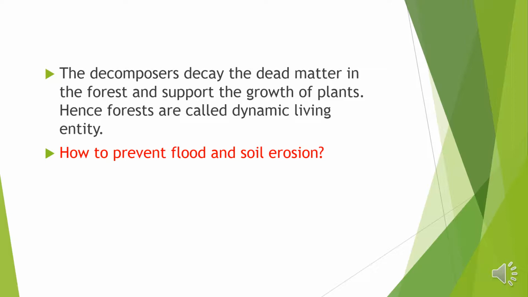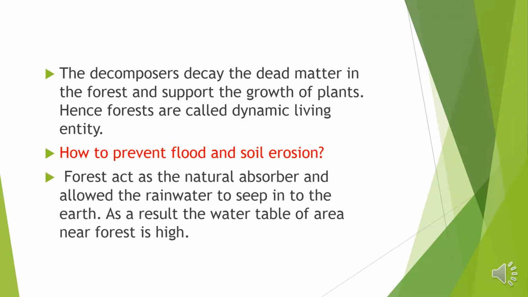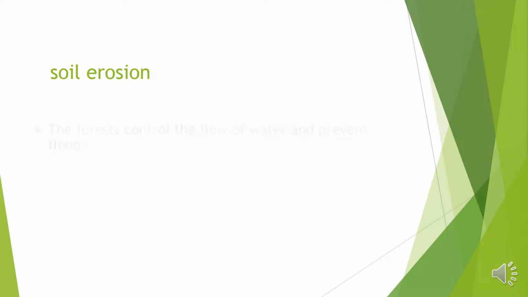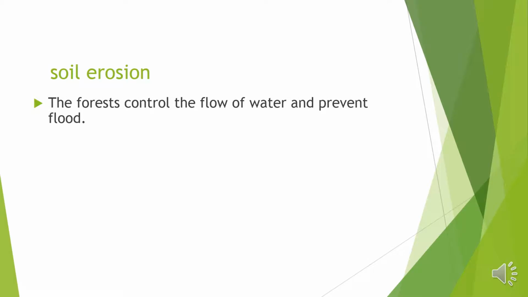How do forests prevent flood and soil erosion? Forests act as natural absorbers and allow the rainwater to seep into the earth. As a result, the water table of the area near forests is high. The forests control the flow of water and prevent flood.